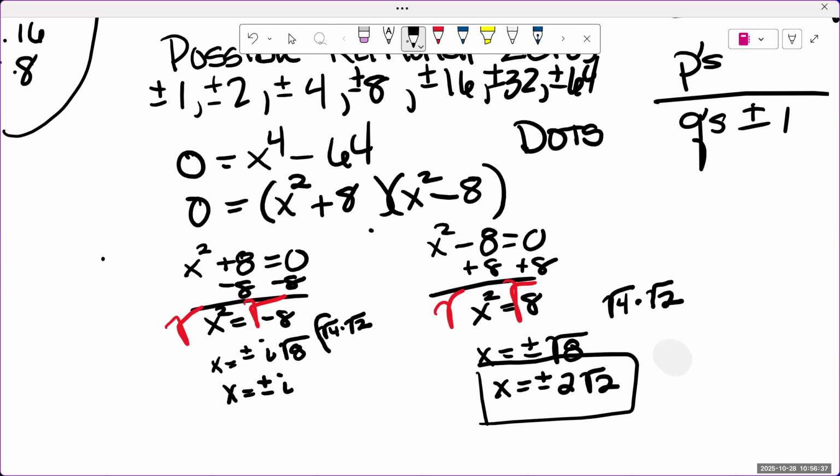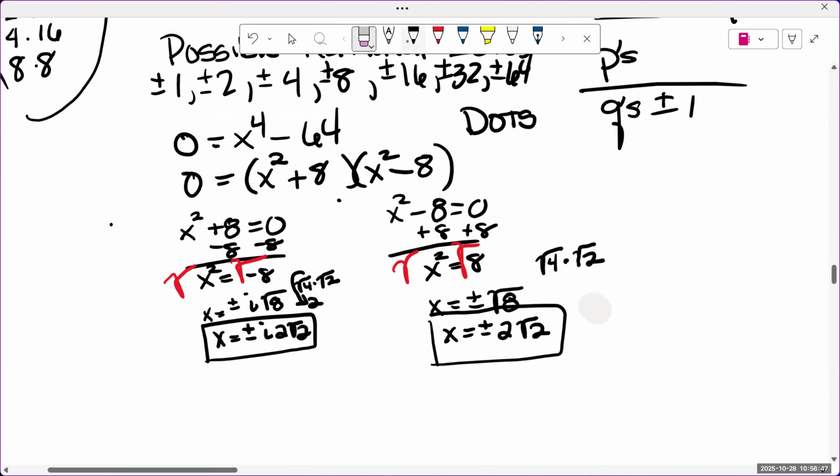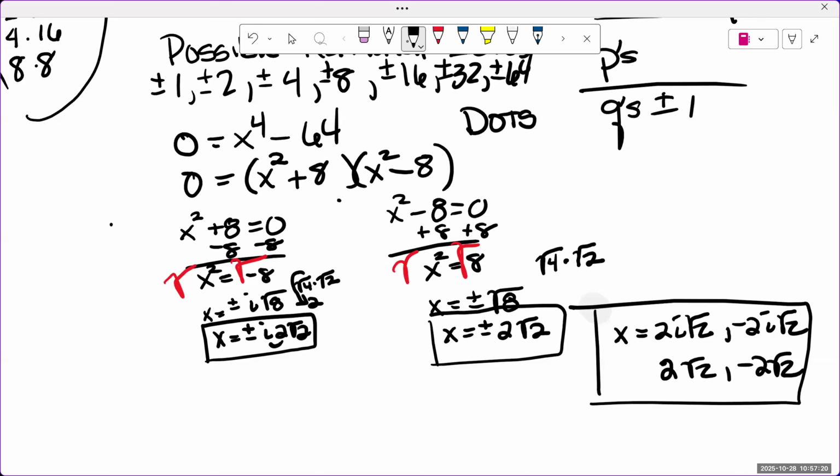Square root of 4 is 2. Okay, so we now have our 4 zeros. Now I'm going to move the 2 in the front. 2i rad 2, negative 2i rad 2, 2 rad 2, and negative 2 rad 2. Degree 4 polynomial. There is my 4 zeros.